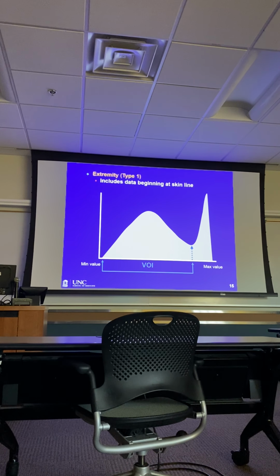So the extremity model will include its values of interest from the skin line on down, through the bone. So it will include those numbers in the processing algorithm.